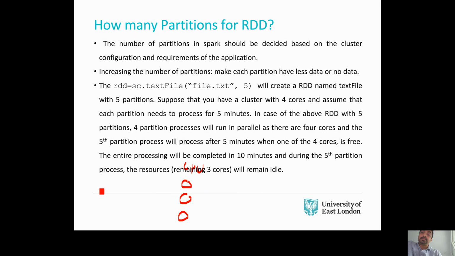If you divide your data into 4 portions, how does it work? Once you declare it, Spark context or SC is going to send the first portion to the first CPU core, the second part to the second core, and the third one to the third core.